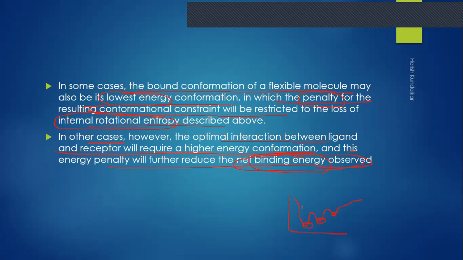So if a high energy conformer is binding, then the binding affinity decreases. If a low energy conformation, especially the global energy conformation, binds, then the binding is better. And that is the reason why we need to do conformational analysis of all the conformers that are possible on a potential energy curve for a given molecule. The lowest energy conformer is always involved in binding.